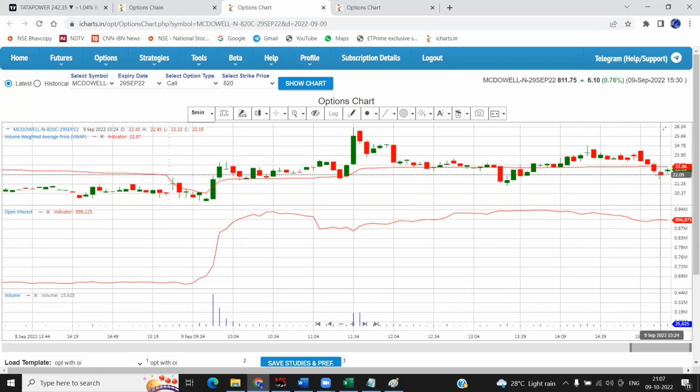The stop loss will be below this, 22. Okay. Got it? So 2 rupees will be our stop loss. Target on the upside is okay. Fine. If it goes up, then okay.